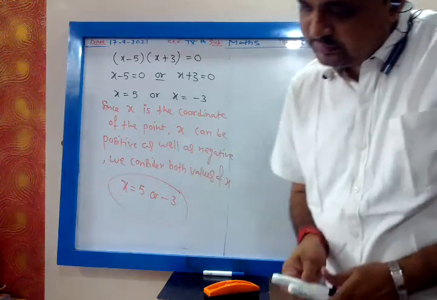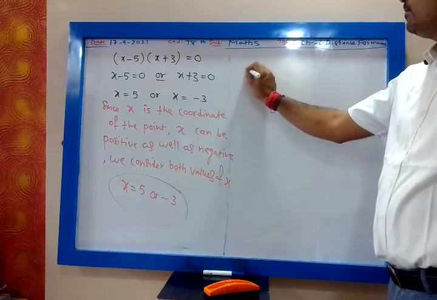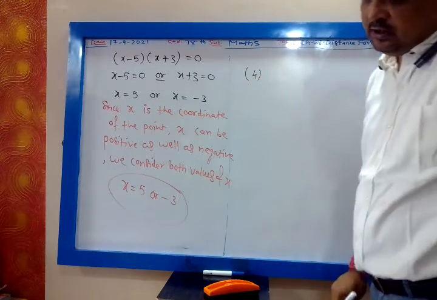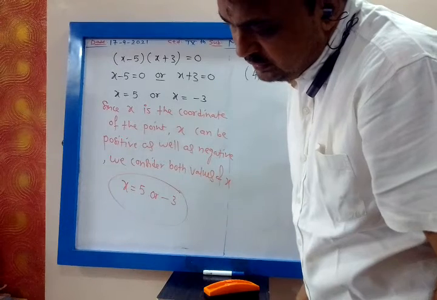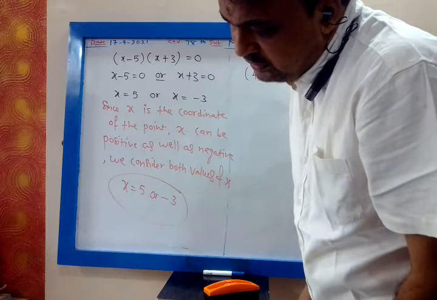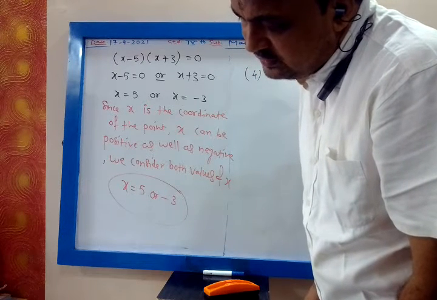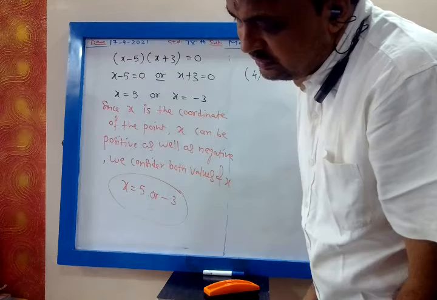Find the coordinates. Chalo, fourth one. Find the coordinate of the point on the x-axis which is at a distance of 17 units from the point 11, minus 8.